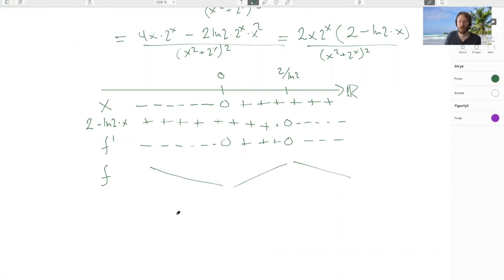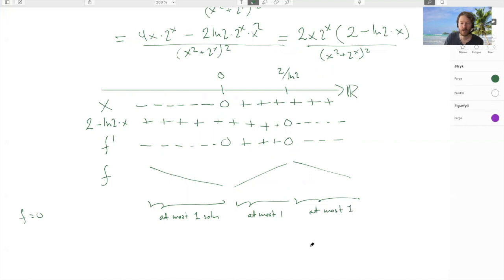So if I now want to know the number of zeros of this guy here, I can see that since I'm strictly monotone here, I have at most one solution to the equation f equals 0. Here I have at most one solution, and here I have at most one solution.